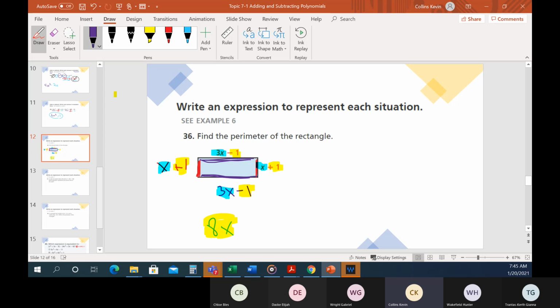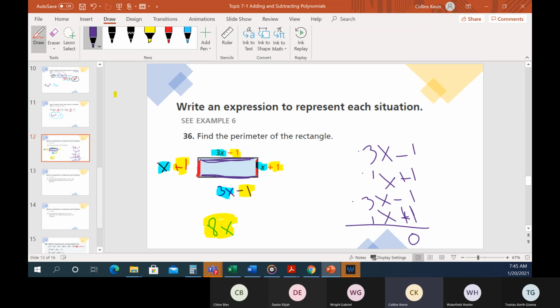Now you can always line these up and do it too. So I've got 3x minus 1, I've got x plus 1, I've got 3x minus 1, I've got x plus 1. And you can add them up like that by columns. Minus 1 plus 1 minus 1 plus 1, that's 0. And I've got 3, remember these are 1s.